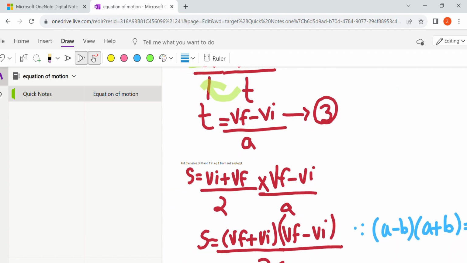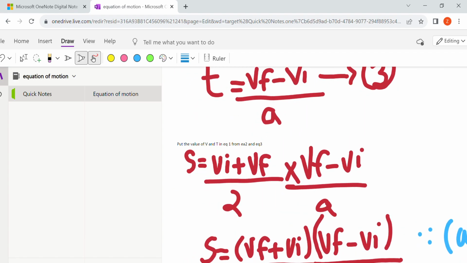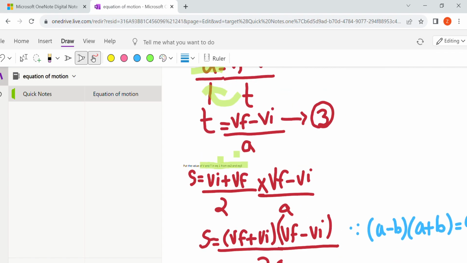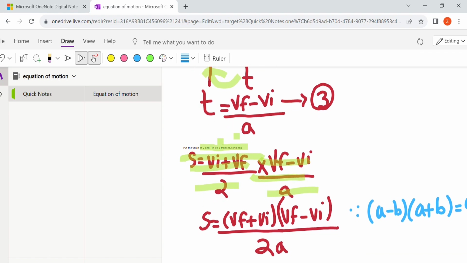Now we are going to put the value of v and t in equation 1 from equation 2 to equation 3. This was our equation number 1, this was our equation number 2. We put both, I have just shuffled the places. I put VF first, VI first, and here it is the same.